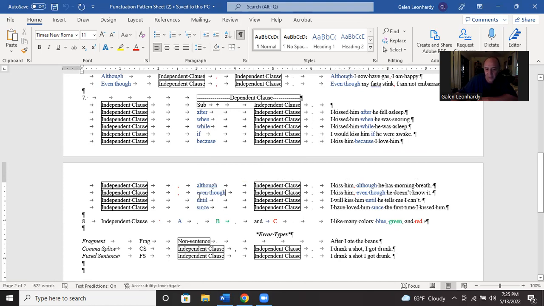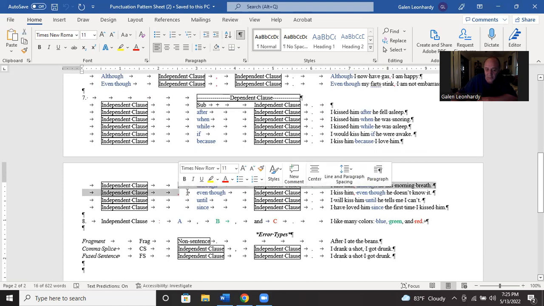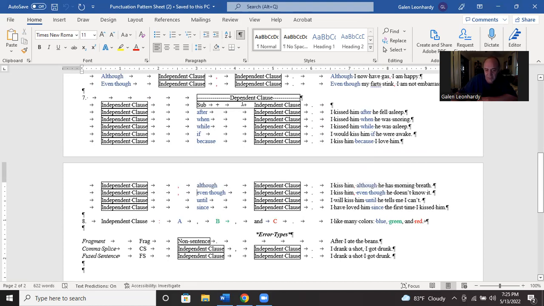So although, even though, and though are three times where you will use a comma if the dependent clause comes after the independent clause. Take a deep breath. It's not particularly complicated. You guys make these structures all the time when you're talking and when you're writing. You just need to learn to see them so that you can punctuate them correctly. That's what it boils down to.